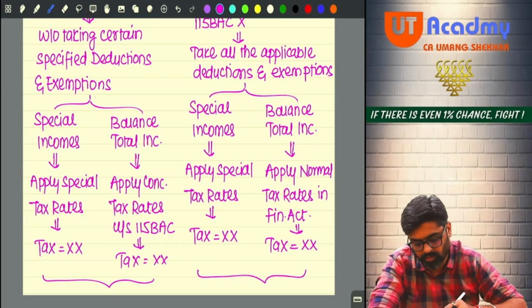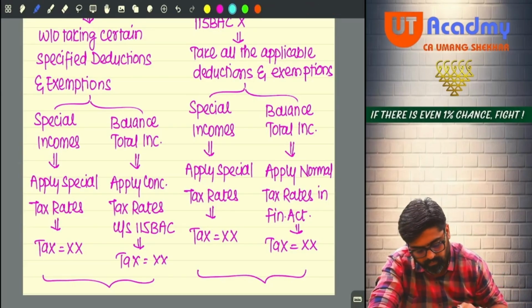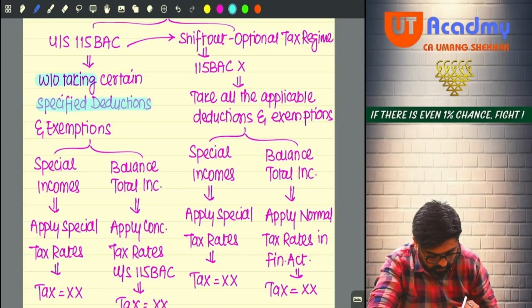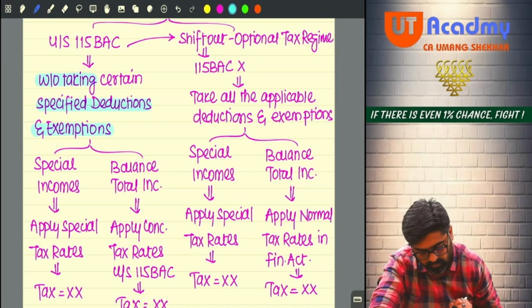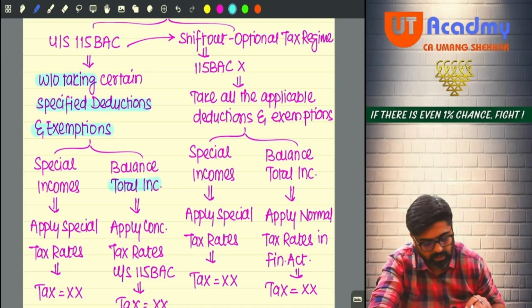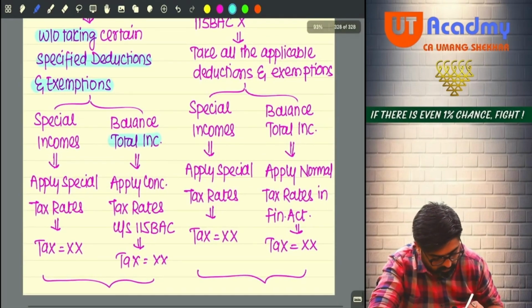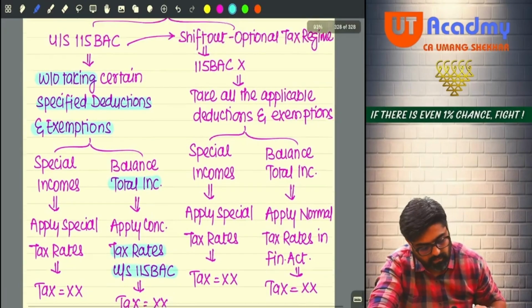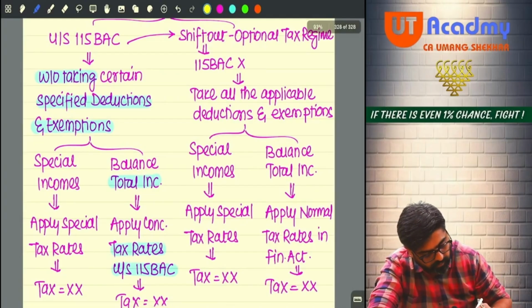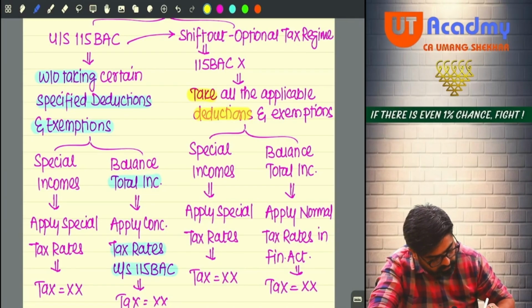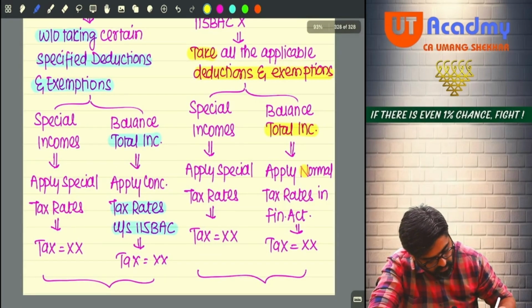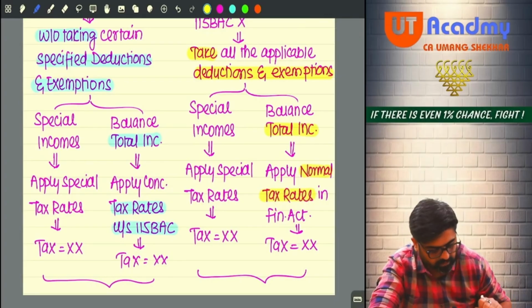Okay, so tell me, without taking specified deductions and exemptions, the total income will come. On that total income, you apply tax rates under section 115 BAC. But if you are taking deductions and exemptions, then on your total income you are supposed to apply normal tax rates.